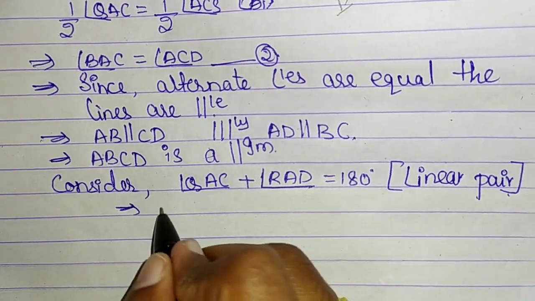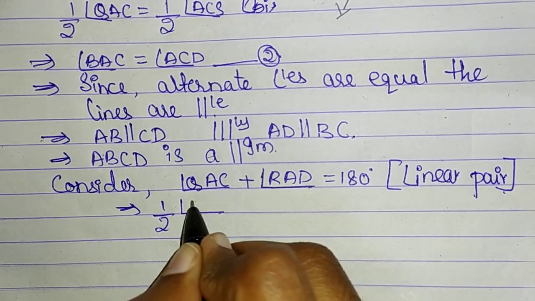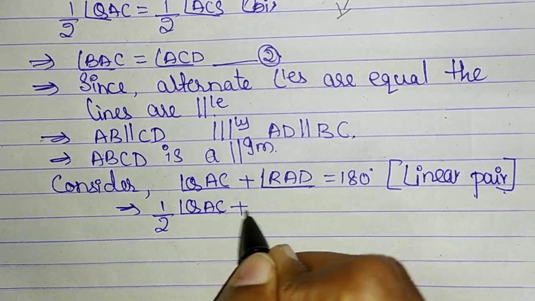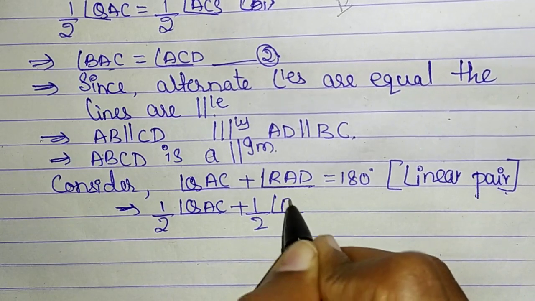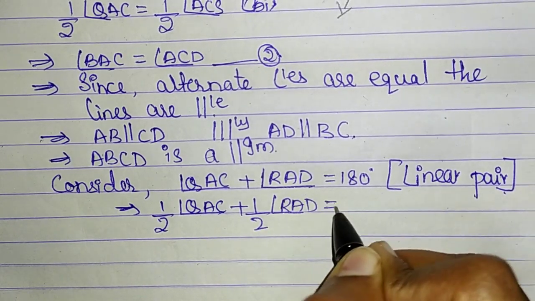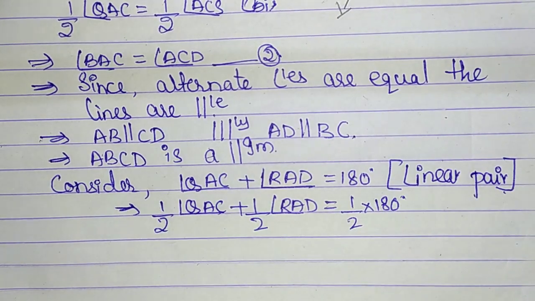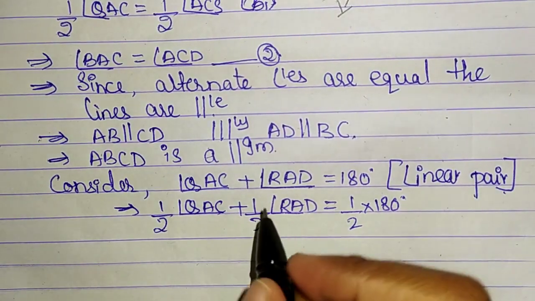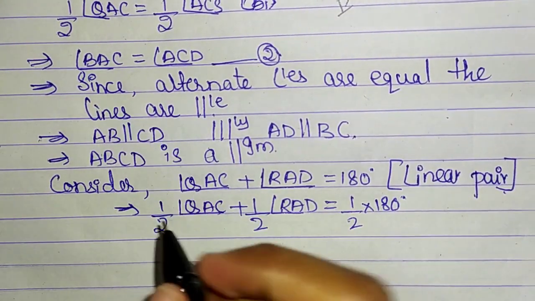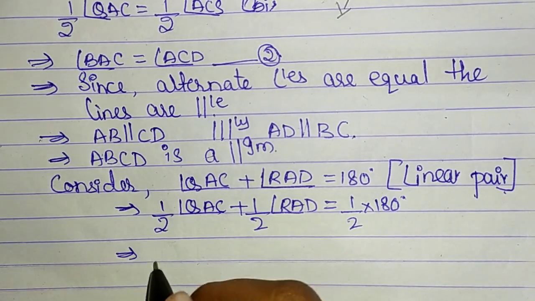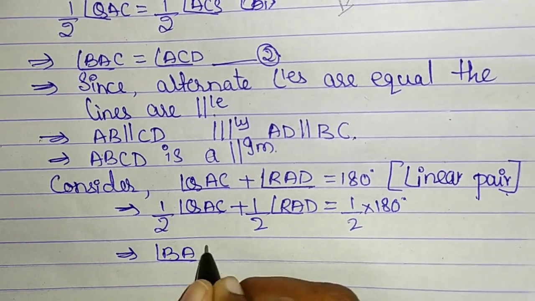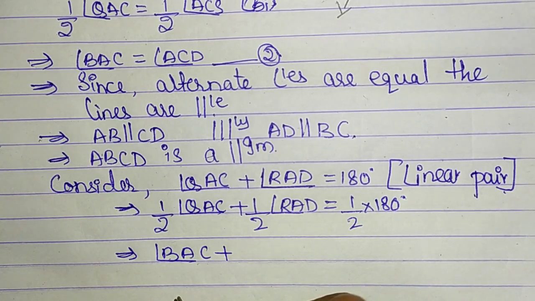So this implies half of angle QAC plus half of angle RAD is equal to half into 180 degrees. Multiply the whole equation by half. So half of QAC, as we saw before, is nothing but angle BAC plus half of angle RAC.